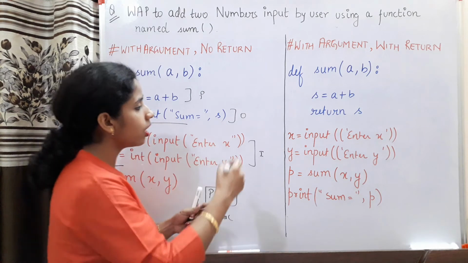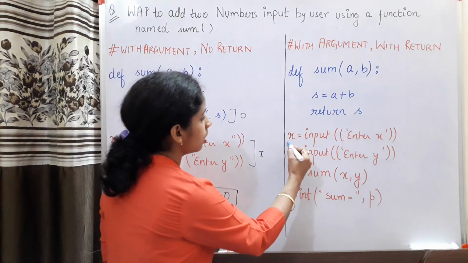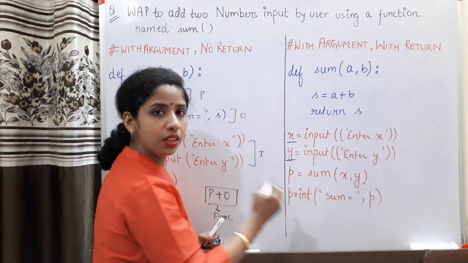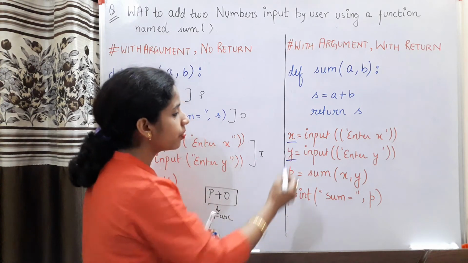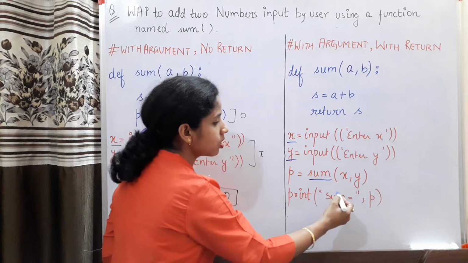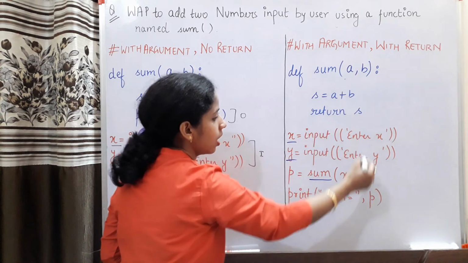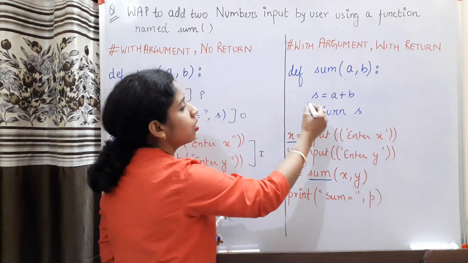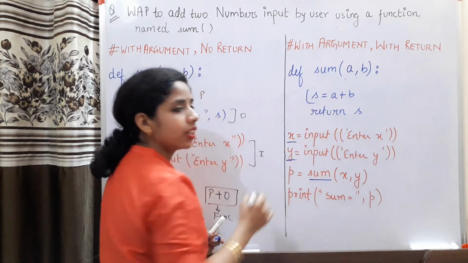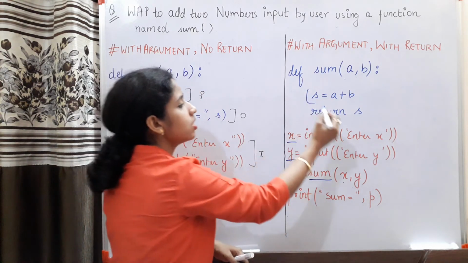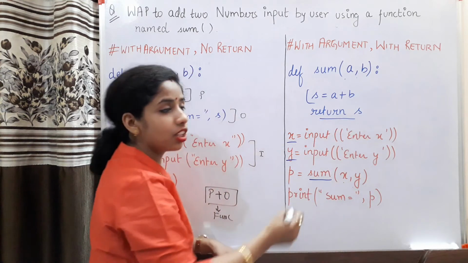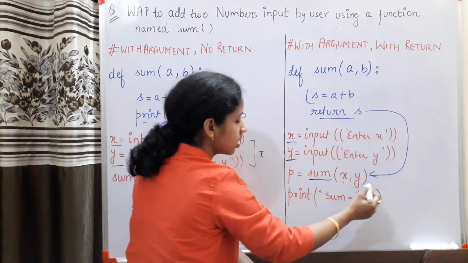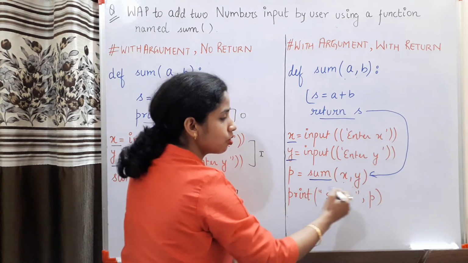So look here, this is taking input of x and y from the user. So the work of input is done by the main program, who is the caller function here. Now the function sum is called, x is sent to A and y is sent to B. So A and B get the value. Only the work of processing is done by the function, and see it is returning the result. Now this returned result will go back and reach this place, and it will replace this function call statement.